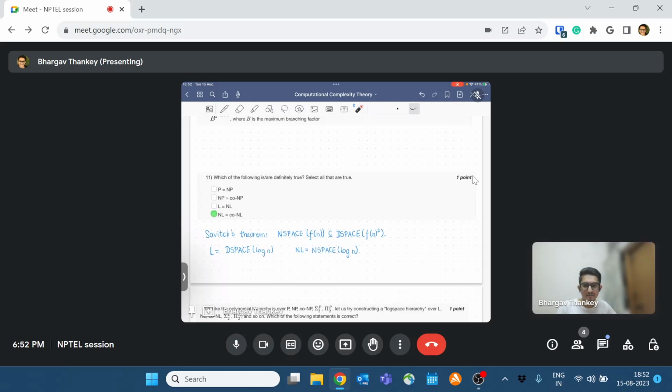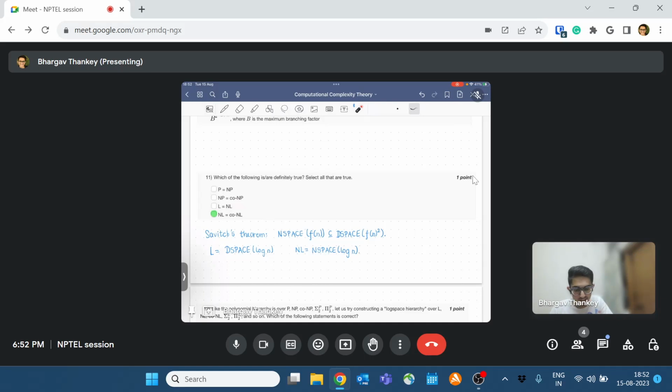Can we say that L is approximately equal to NL? If for L and NL you allow extra constants over here, then what you said would be true.